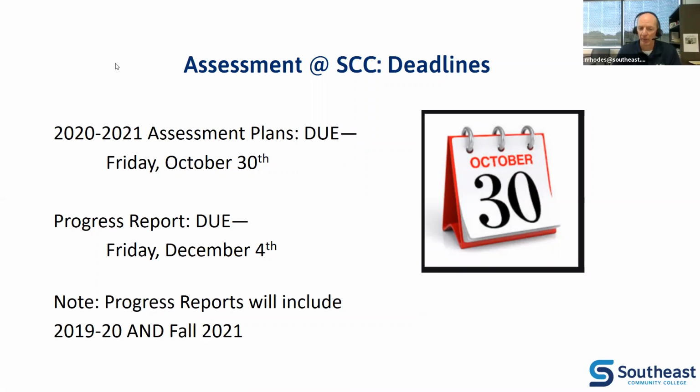Now, I do really want to make sure you realize you don't have to start doing your assessment plans on Thursday, October 29th. You can start right away. In fact, get them done quickly, post them, let us know they're done. You can collect information from last year for your assessment data, analyze it. And so for the outcome you would like to assess this fall, it could be one you started last year or even the year before.